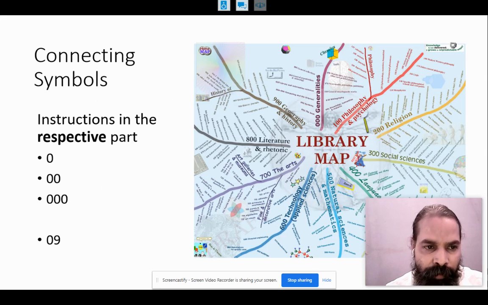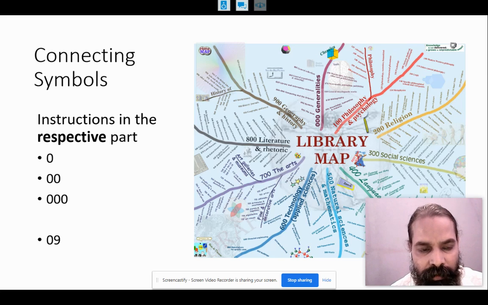to coin the number. When we are synthesizing, we will be using connecting symbols. These connecting symbols are 0, R, and 09. So depending upon the instructions in the respective part of the schedule, we have to use a single zero or two zeros or three zeros.